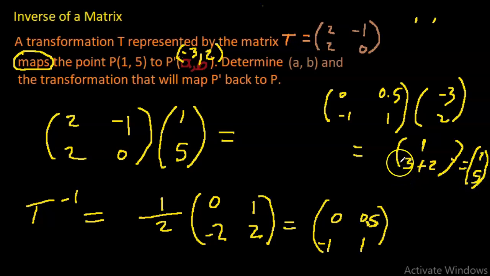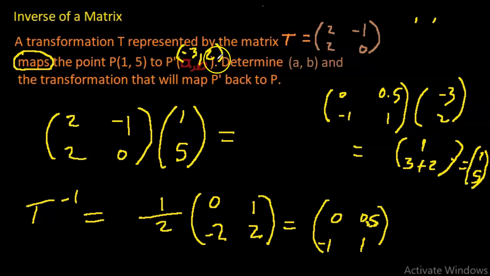I want you to get this concept, very important. T is the original matrix. It maps (1, 5) to (-3, 2), meaning if you multiply this matrix by (1, 5), you're going to get (-3, 2).